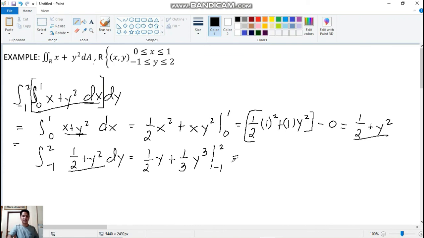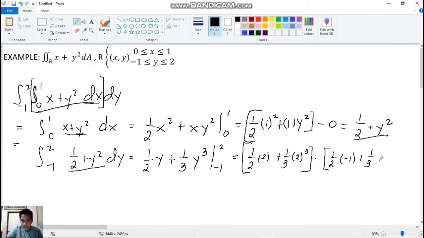So we substitute 2 first: 1/2 times 2 plus 1/3 times 2 cubed, minus 1/2 times negative 1 plus 1/3 times negative 1 cubed.